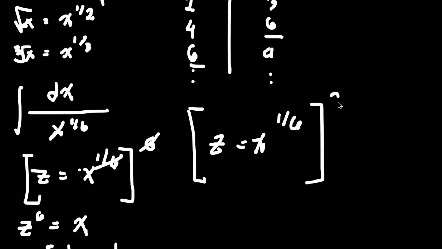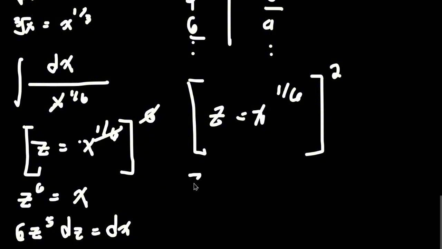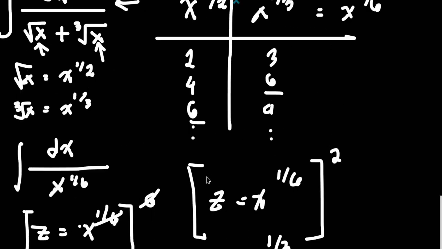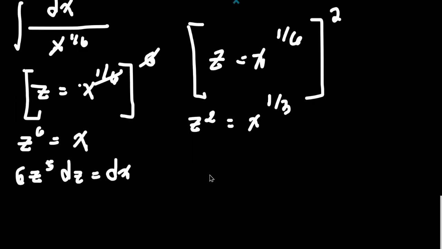So I will multiply both sides by 2. That would be z raised to 2 is equal to x raised to 1/3. And for the other one, I will use this again and multiply it with a different number.